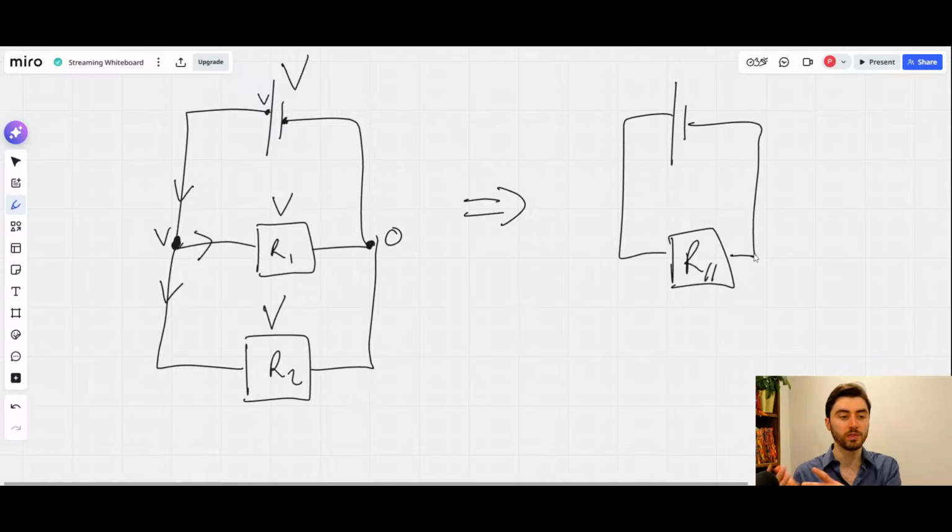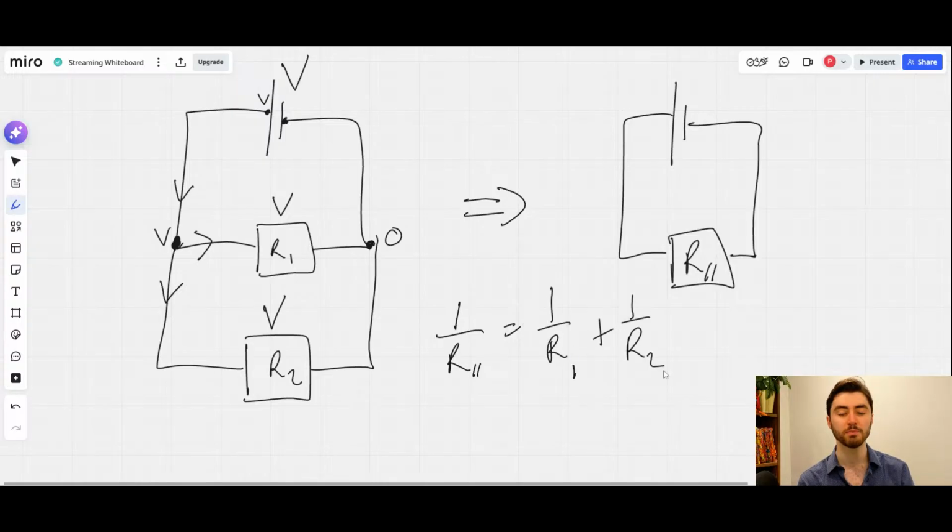And what would the equivalent resistance need to be? Simple equation here. 1 over the resistance is 1 over R1 plus 1 over R2. So the reciprocals add. When they were in series, the resistors added normally. Now they are in parallel, it's the reciprocals that add together.